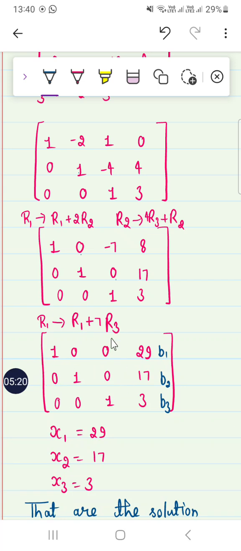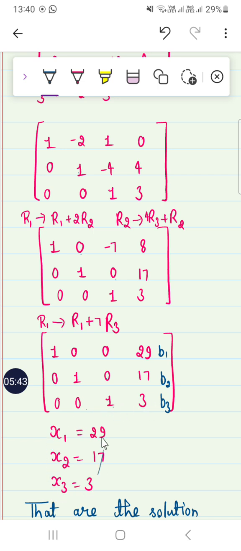This is the coefficient matrix, so if we introduce x1, x2, x3, then x1 equals 29, and x2 equals 17, and x3 equals 3.